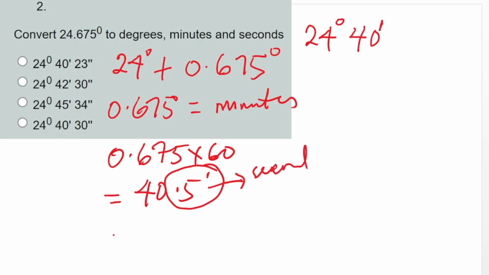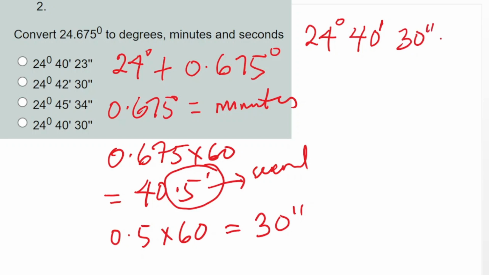The same way, that will be 0.5 multiplied by 60, which gives us 30 seconds. So that is 24 degrees, 40 minutes, and 30 seconds. That will be the last option here, and it is the answer. I hope this is very clear to you. All right, so we'll move to the third one.